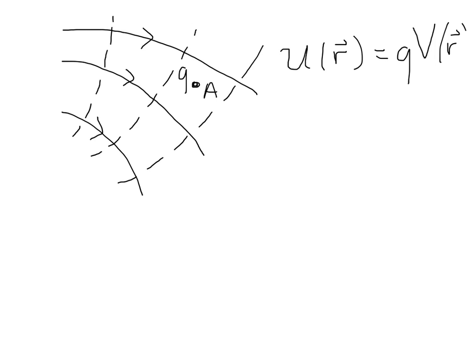Now let's consider a particle that we place at a point that I'll label A. And we're going to put a charge on it which is equal to Q. Now the potential energy of that particle will depend on its position in space, and it will be equal to the charge on that particle times the electric potential.